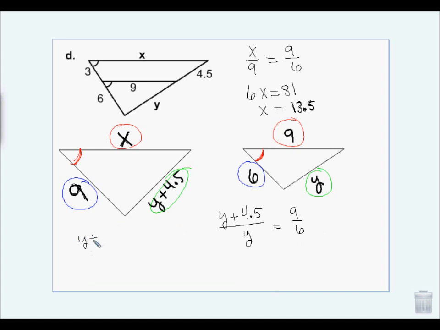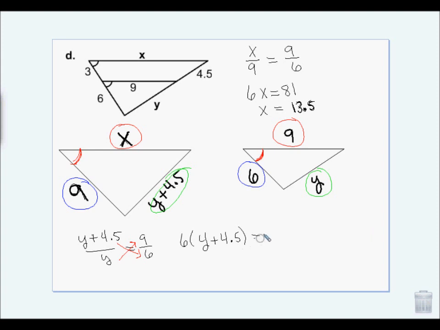Actually, I'm going to rewrite that on this side so it makes more sense. Okay. So when I cross multiply this, I get 6 times Y plus 4.5 is equal to 9Y.